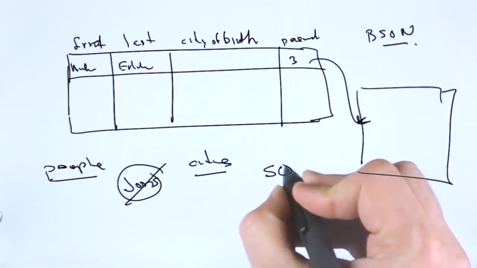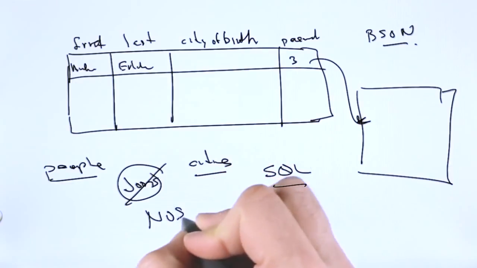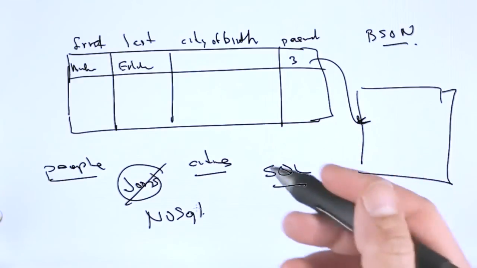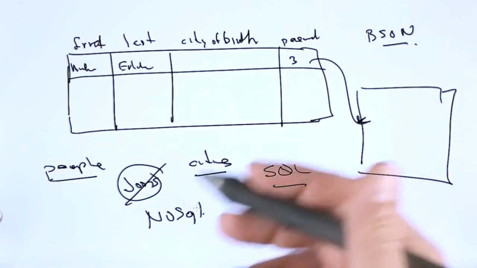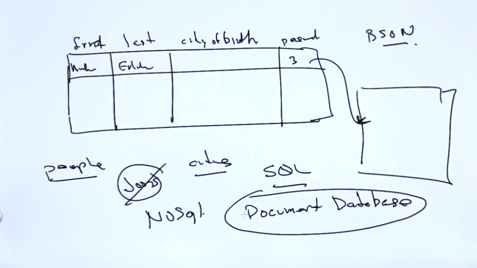And some people refer to this class of database as a NoSQL database for either it not supporting SQL or not only SQL, but we support something else. But I think that really the better way to describe MongoDB is as a document database, and in particular a JSON document database, because that's really what it is at the end of the day, a database that stores documents.